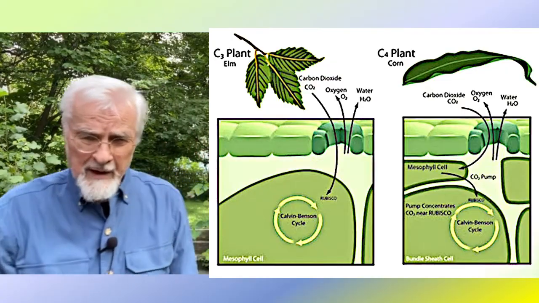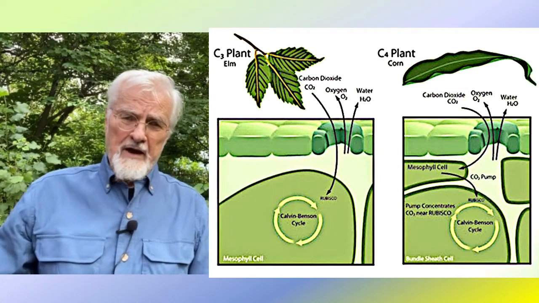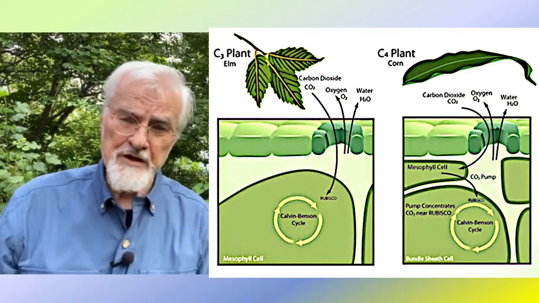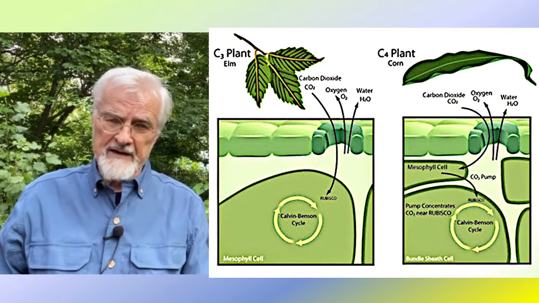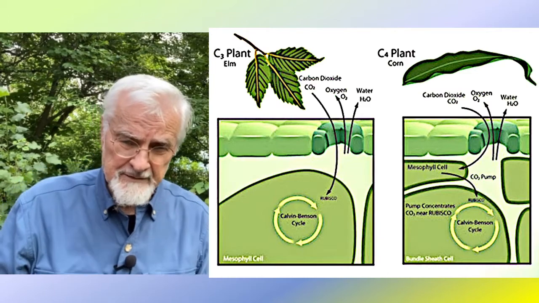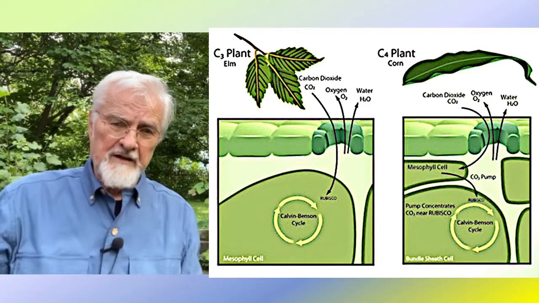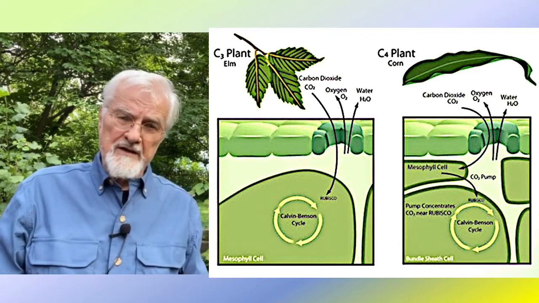So in sum, what you have is the CO2 coming in through the stoma, and the oxygen and water going out from the stoma. In a C3 plant, the Calvin cycle operates in the regular mesophyll cells as normal.